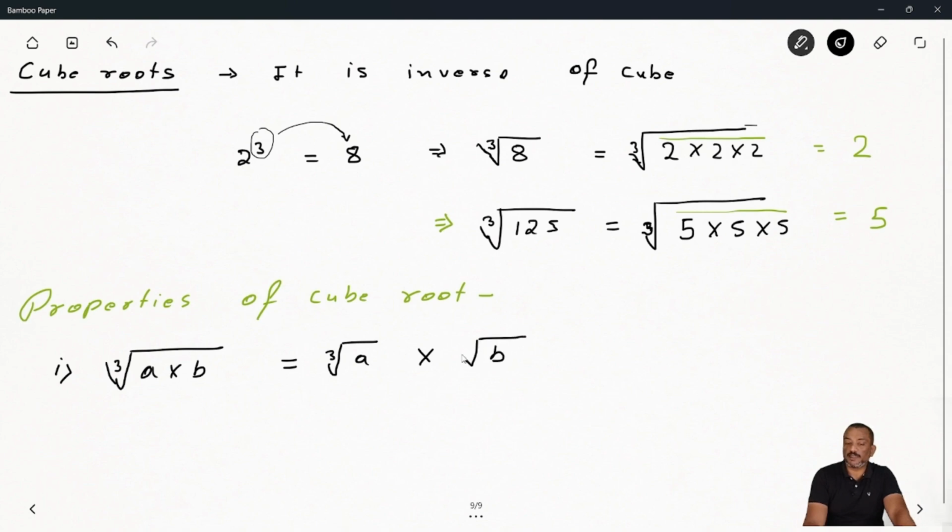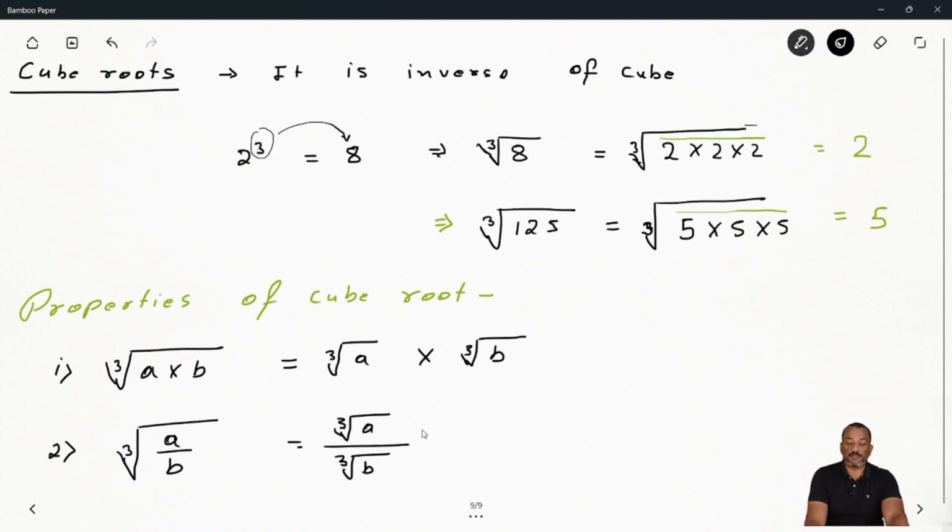In the same way, if you have a fraction, cube root of a over b, you can break it into cube root of a over cube root of b. So these are the two properties of the cube root.